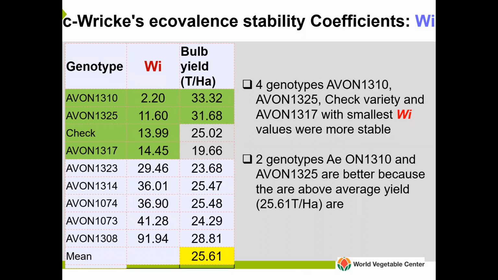So in this table, you can see genotypes and their stability coefficient Wi and their yields as well. 4 genotypes, AVON1310, AVON35, check variety, and AVON1317 with smallest coefficient values were the most stable varieties. 2 genotypes, AVON1310 and AVON1325 were better because they were above average yield, that is 25.61 tons per hectare.